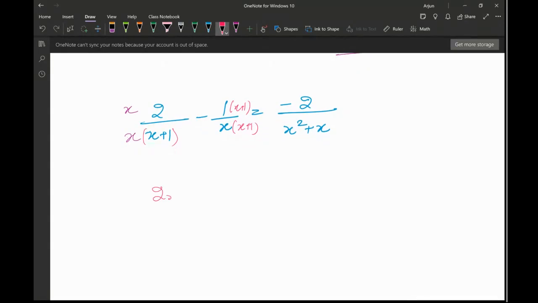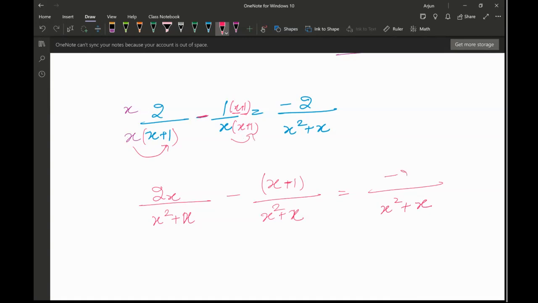Now it's going to look like 2x, this will be x square plus 1 minus, see carefully, this minus will belong to both the terms. So I will put a bracket in front here so that I'm not confusing myself. Actually x square plus x I shall write, not 1, because this will become x, this will become x minus 2.